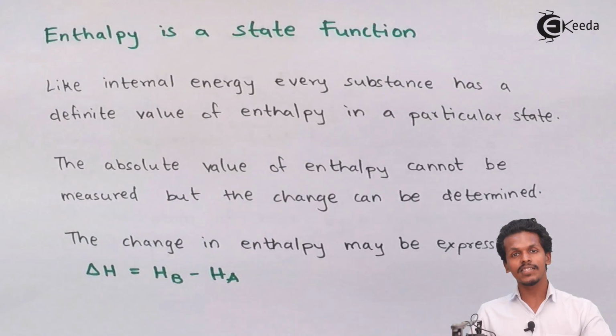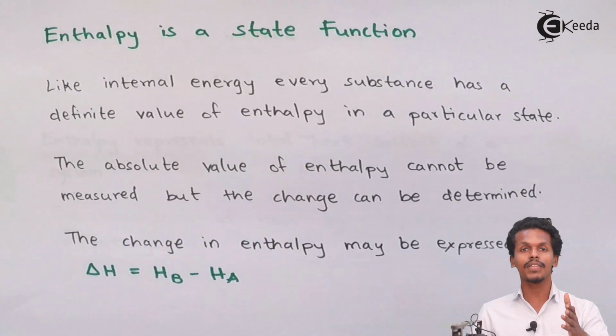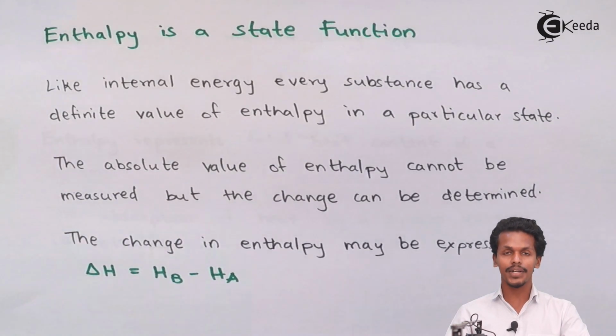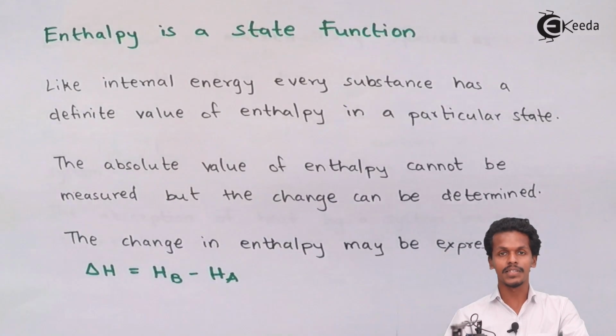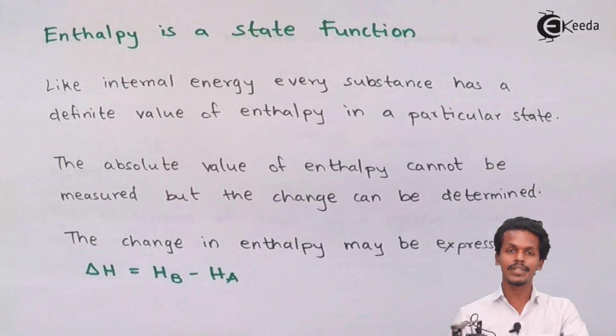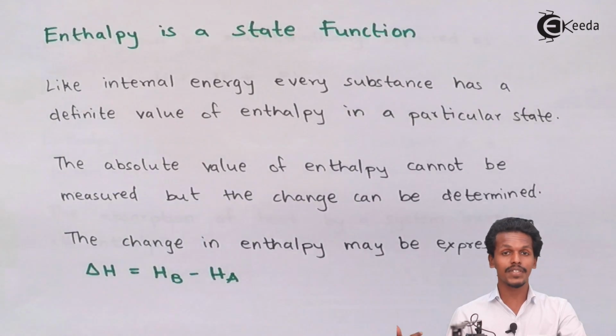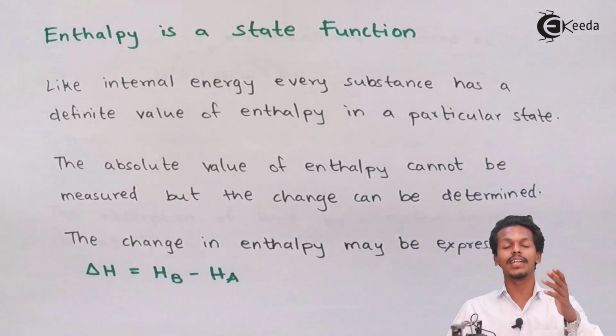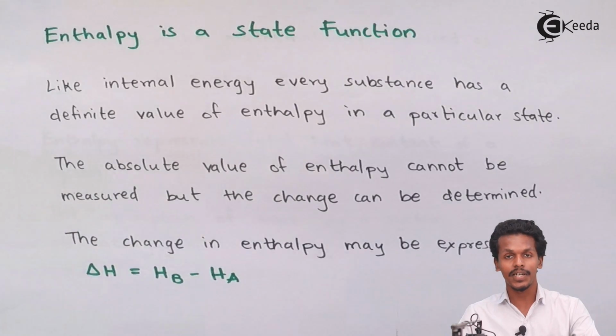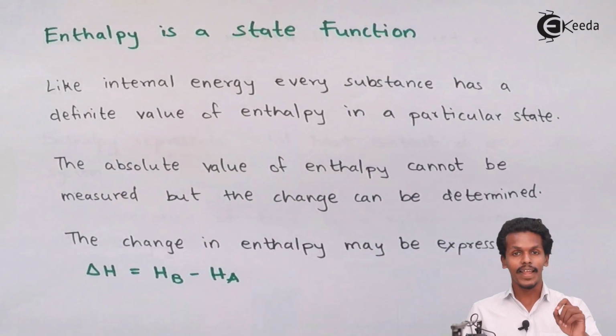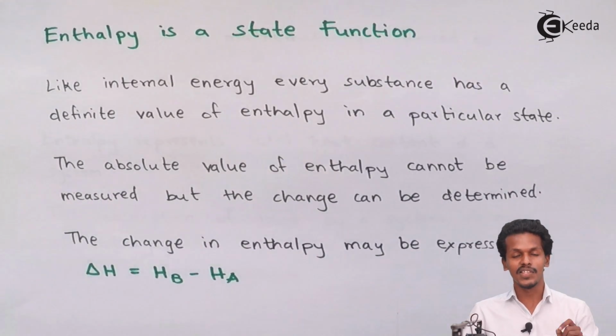Since the internal energy depends on the initial state as well as the final state, that makes internal energy a state function. Similarly, enthalpy is also a state function that depends on the final state as well as the initial state.